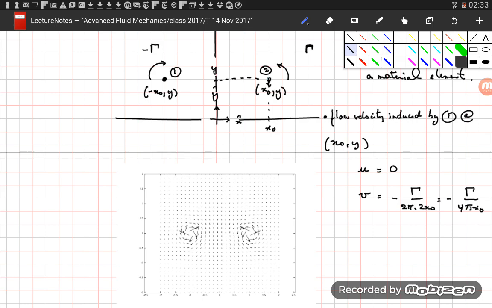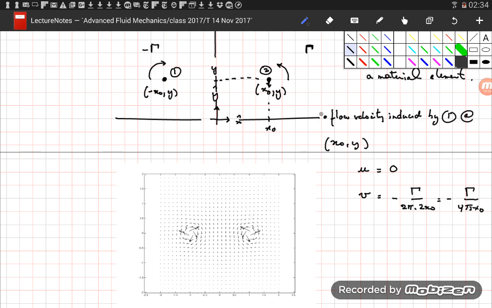This is the flow velocity at this point, and the vorticity is advected at this velocity. So this simply means that vortex 2 will move down with the velocity v equals minus gamma divided by 4 pi x naught. That's what's going to happen to vortex 2.